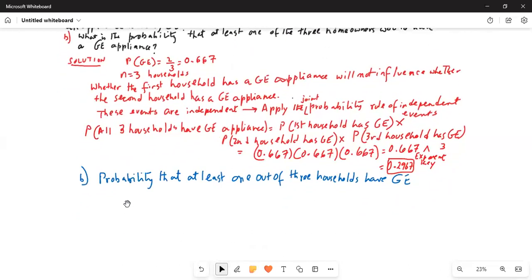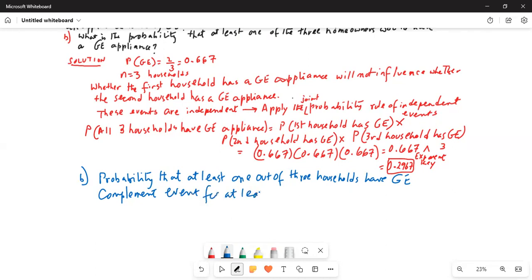So what is the complement event? Event for at least one. At least one means 1 and above, 1 being the lowest.